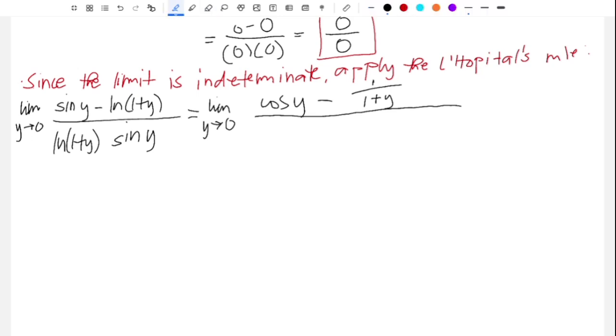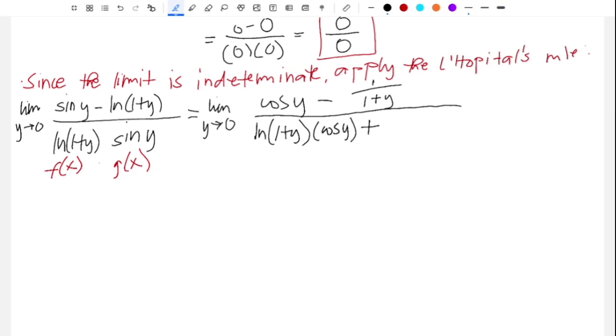Now, let's use our product rule again. Our f of x is this one here, multiplied by our g of x. The product rule states to copy our f of x, which is ln(1 plus y), then the derivative of our g of x, which is sine y. The derivative of sine y is cosine y.